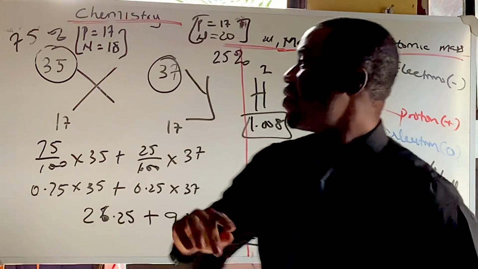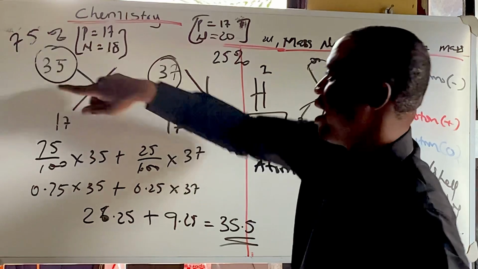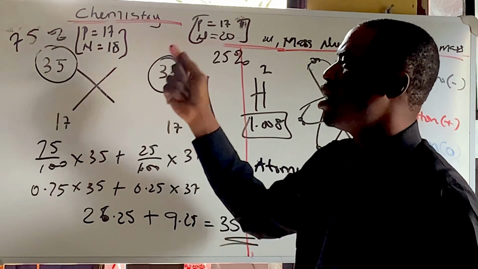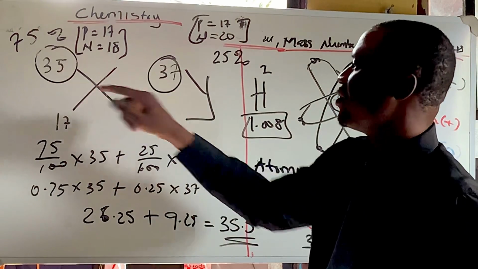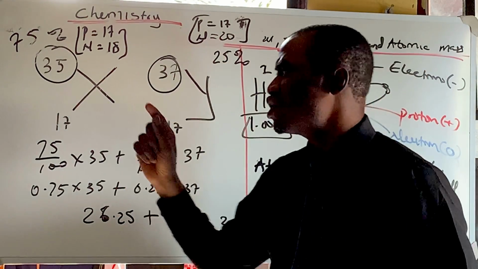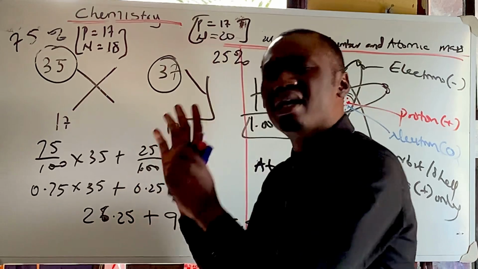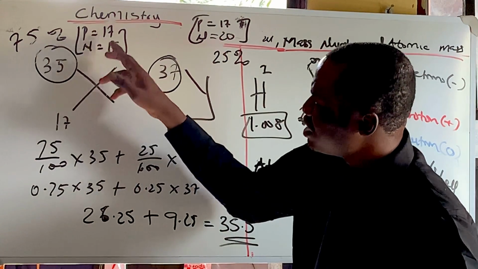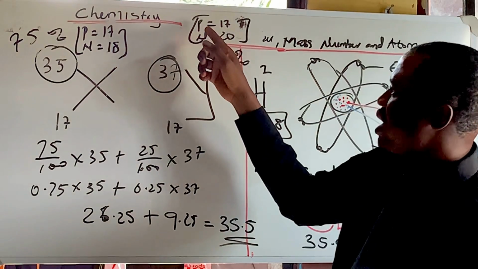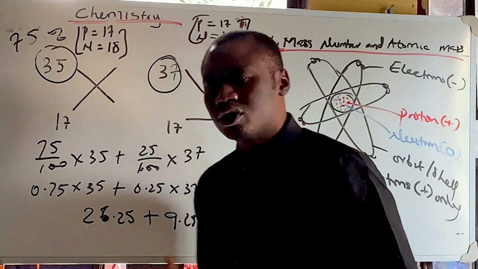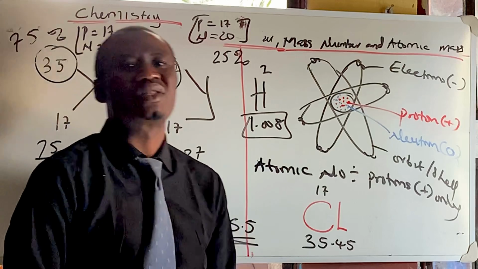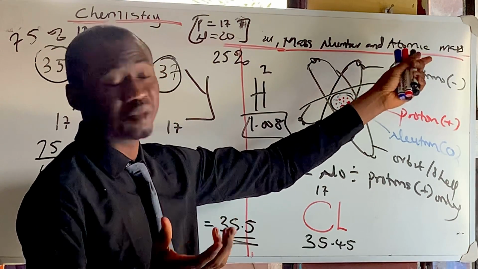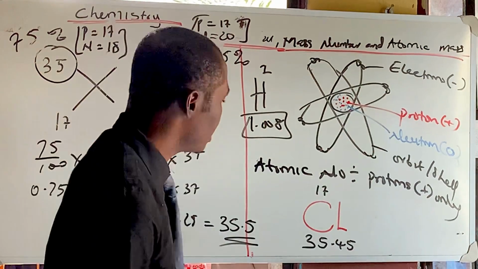Now you can understand that 35 is the mass number of chlorine 35, and 37 is the mass number of the specified isotope chlorine 37. So I have proton 17, neutron 18, and here proton 17, neutron 20. But they are the same element. The average atomic mass, or atomic weight, is 35.5.